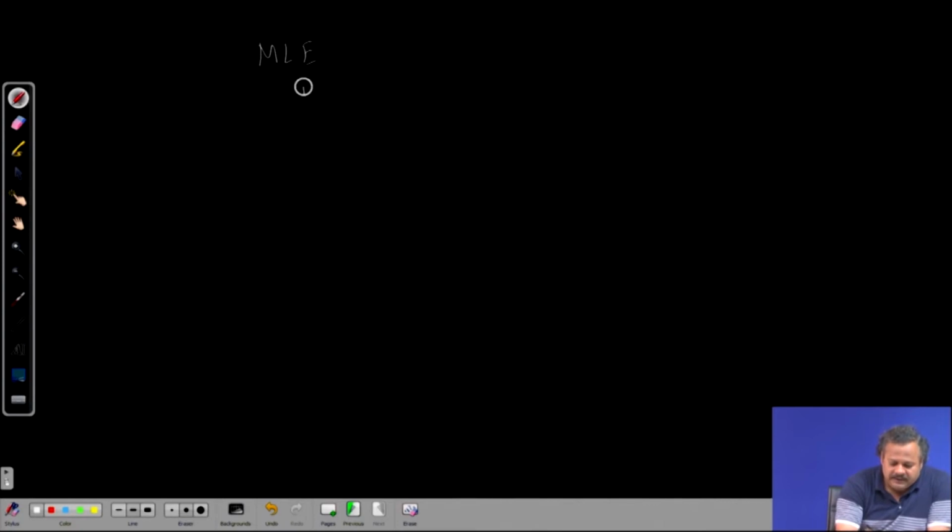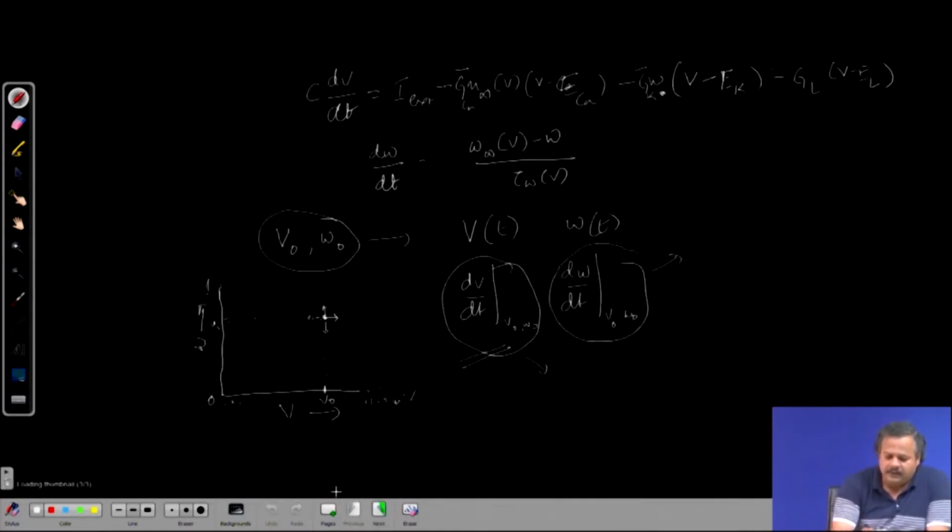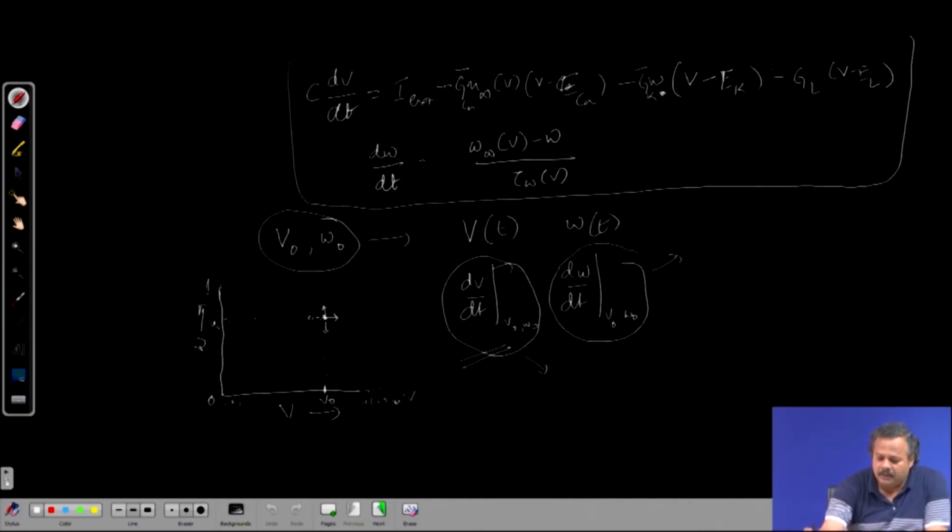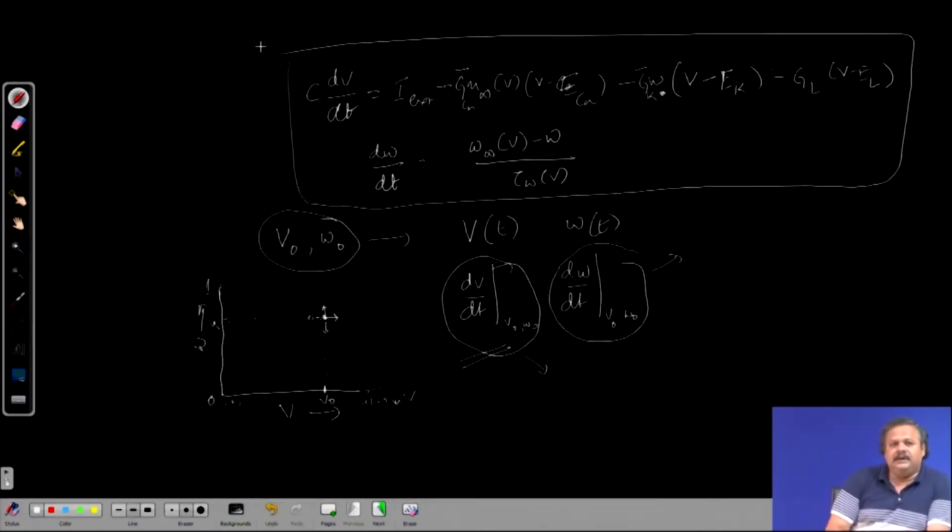So, now let us go forward to exactly how the Morris-Lecar null-clines look, and try to see a few things. This is V and W. Then from our equations, the dV/dt and dW/dt, just recollect that.